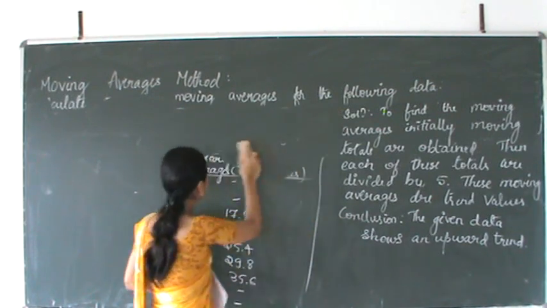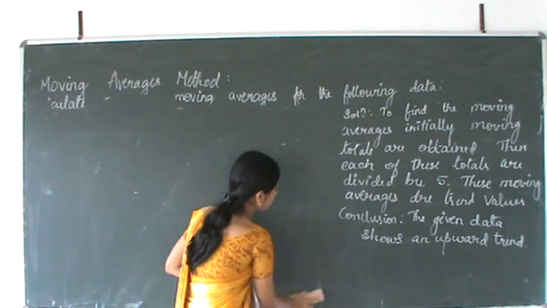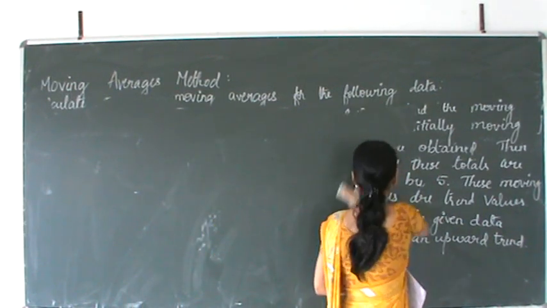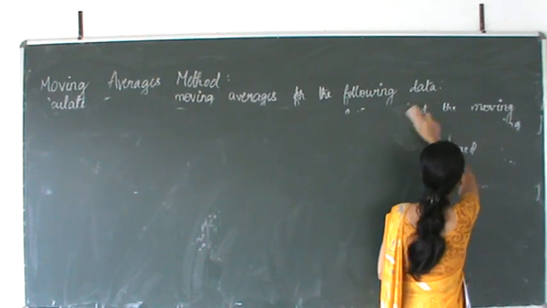That is 4 yearly moving averages. So far we have discussed 3 yearly moving averages and 5 yearly moving averages. Now we will see how to calculate the moving averages when it is 4 years.